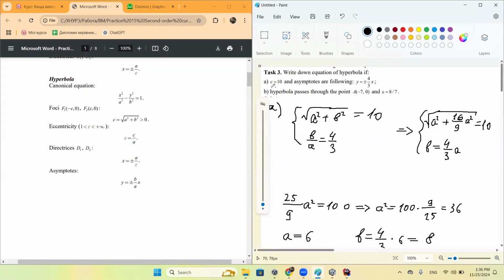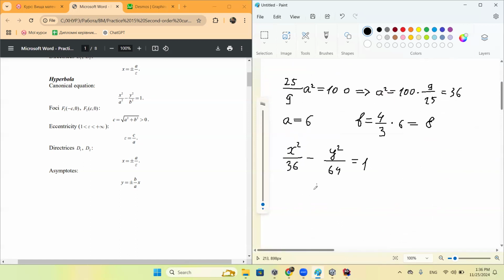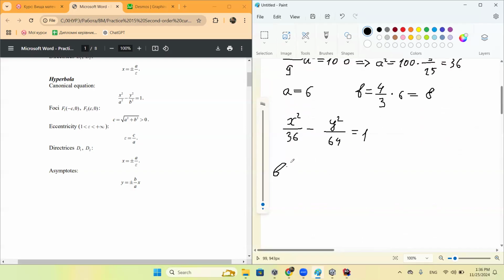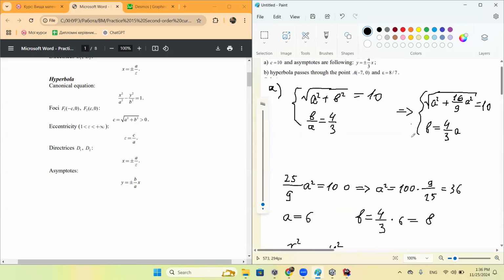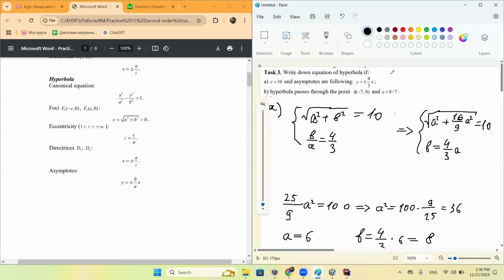Then the second case: the hyperbola passes through the point A minus 7, 0, and the eccentricity equals 8 by 7. So the same, we need to find the system, everything that we need.